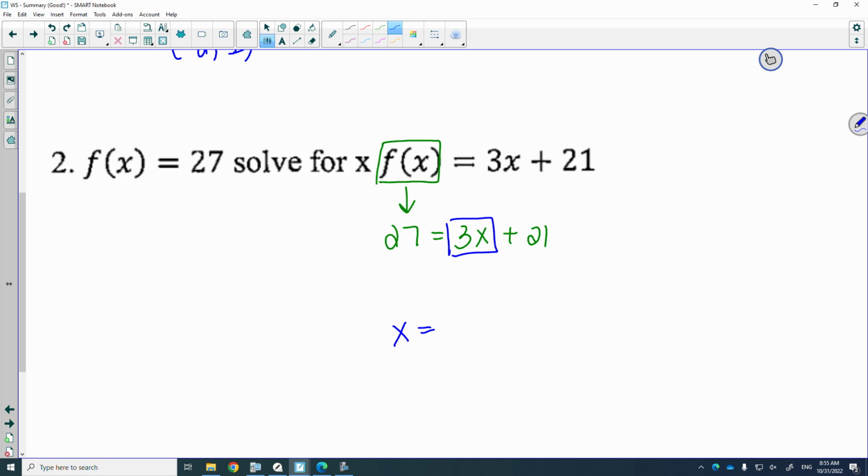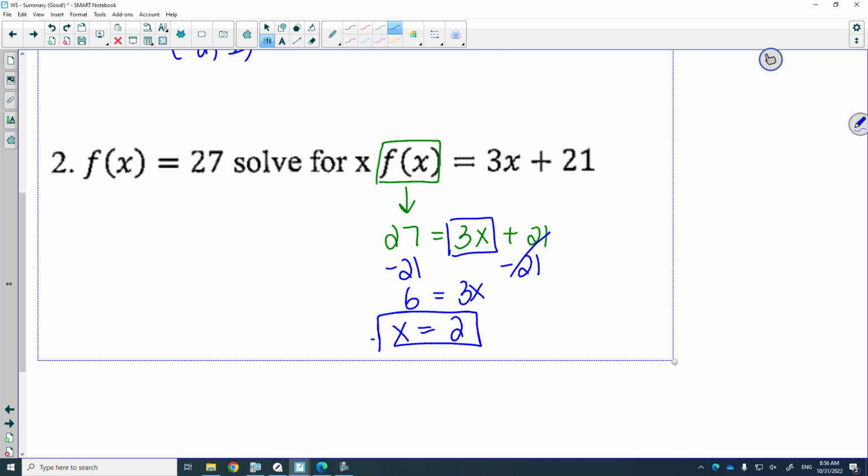What did you get for x? 2? Okay. So subtract 21 from both sides, and you're going to get 6 is equal to 3x. Divide both sides by 3, and you'd get x is equal to 2. Remember that point on your graph would be 2, comma 27.